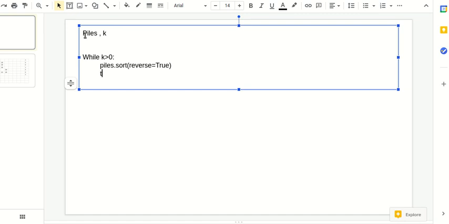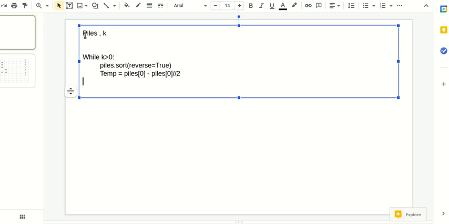Then we will store a temp as piles[0] minus piles[0] divided by 2. This will store temp over here. Till here you can understand.